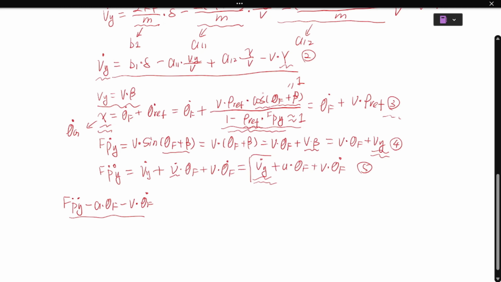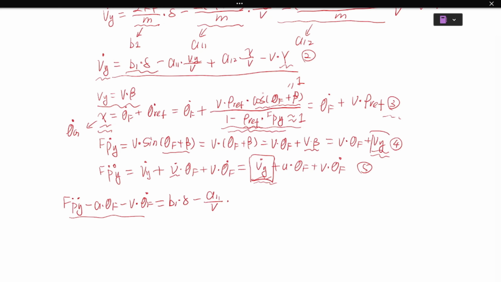This equation is vy dot equals, in here, b1 times delta minus a11 over v times vy, and vy is here: fpy dot minus v times theta f, plus a12 over v times gamma, and gamma is here: theta f dot plus v times rho ref, and minus v times gamma: theta f dot plus v times rho ref.